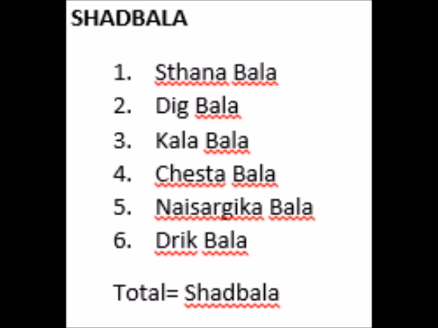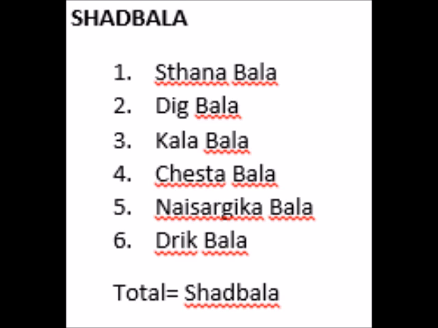Basically, the Sthana Bala of a planet is based on the positional strength of the planet. Sthana Bala is subdivided into five components, which determine the strength of that planet based on its position.